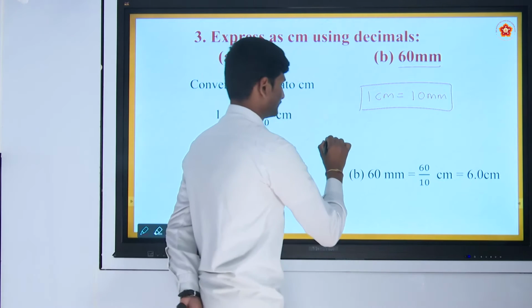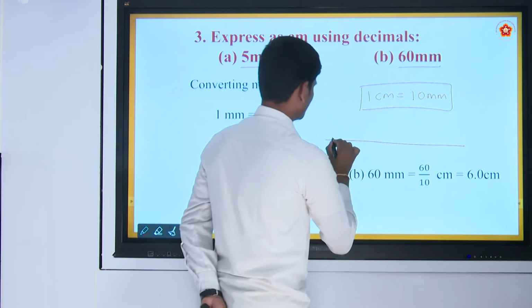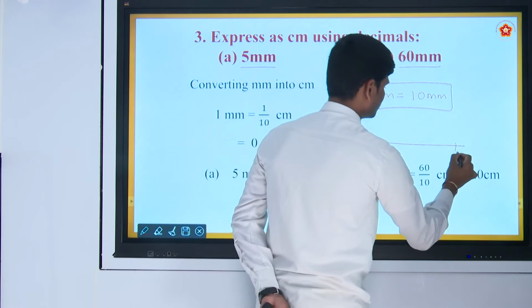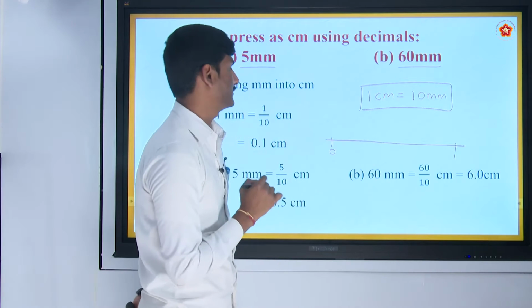Here, from 0 to 1 is a 1 unit length, 1 centimeter.